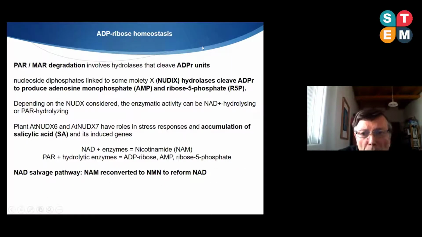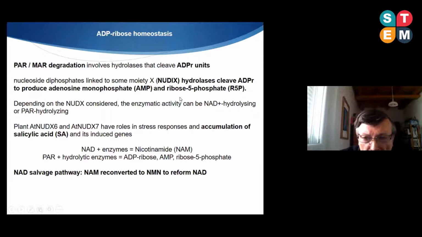So when we produce ADP ribose units and cleave these ADP ribose units, we have an accumulation of ADP ribose that is processed by these Nudix hydrolases to produce adenosine monophosphate and ribose 5-phosphate.